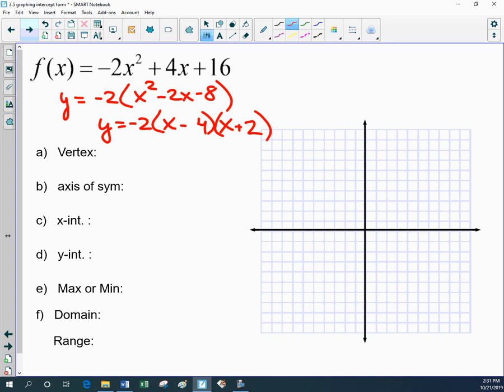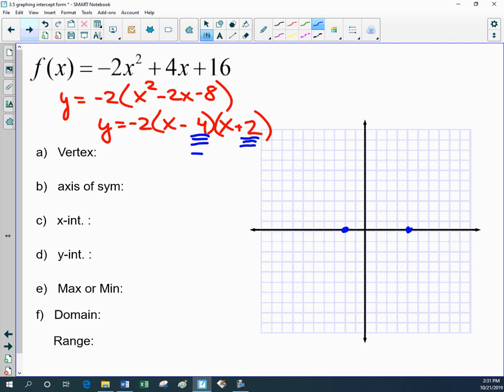So our x-intercepts would be at +4 and -2. Okay, then from there, find the axis of symmetry.